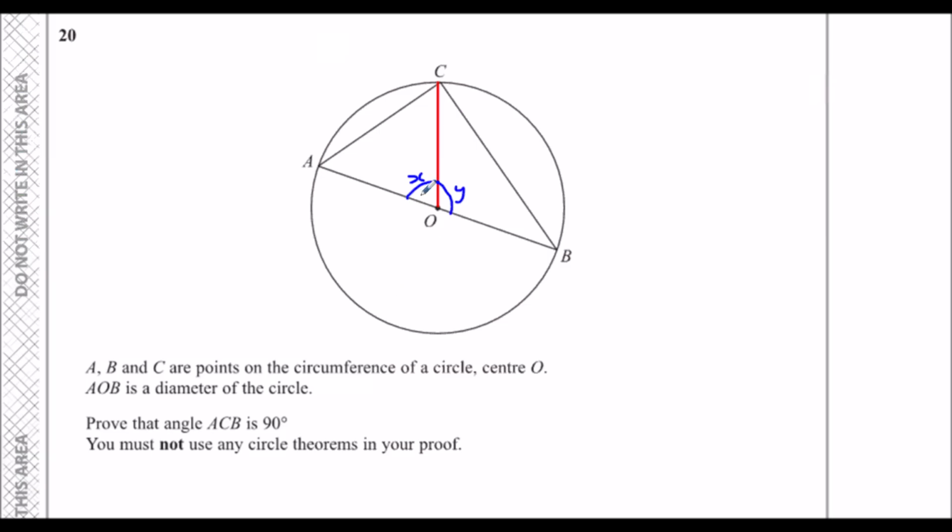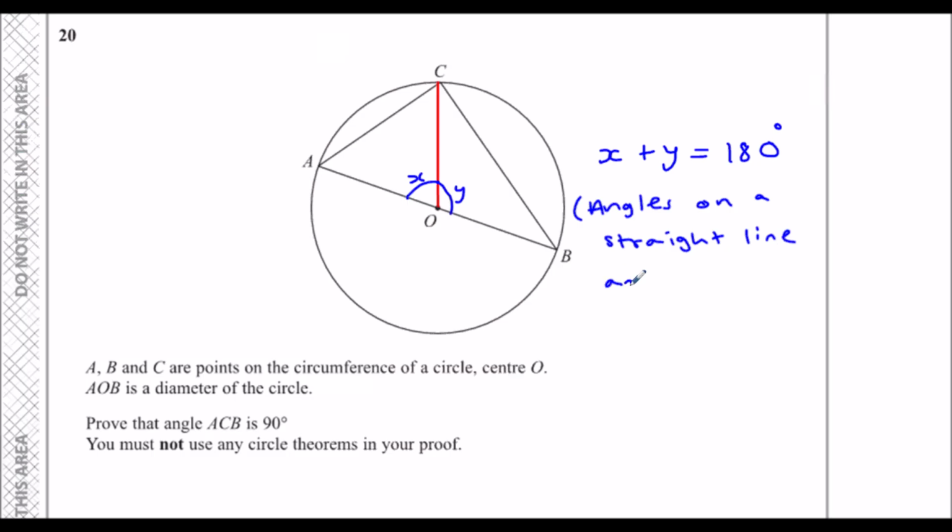So I've got X as AOC, Y as BOC, and they're on a straight line. So I'm going to write down x plus y equal to 180 degrees because angles on a straight line add to 180.